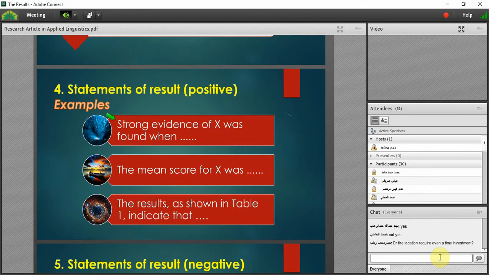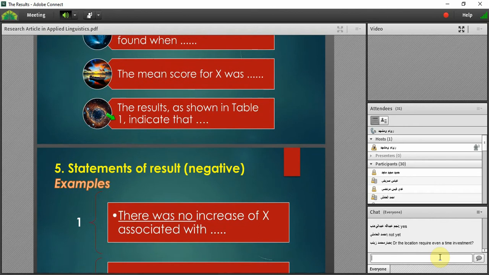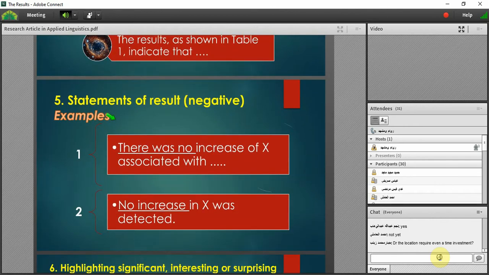For example, strong evidence of something was found. When you say strong evidence, it means that the results are significant. Or here you may comment on the negative results. Take a look at the example: there was no increase of X. No increase in X. See?